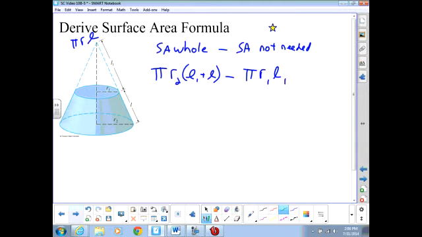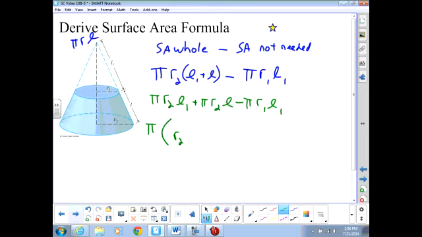So now we're going to do some algebra to do some rearranging. We'll distribute the pi R2. So we'll have pi R2 L1 plus pi R2 L minus pi R1 L1. Everything has a pi, so we can pull it out. And when I rewrite this, I'm going to write the L1s next to each other.